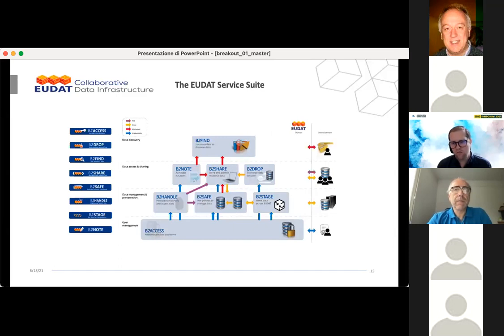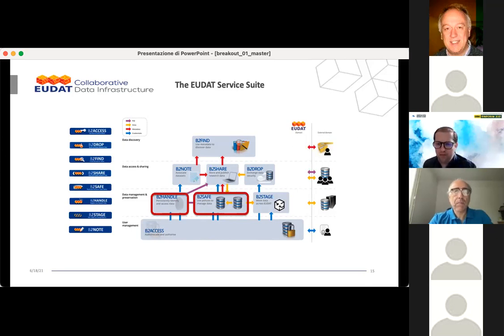In this slide, you have an overview of the EOSC service portfolio. I will not go into all details, but I will just highlight which services are being influenced by the EOSC PID policy. Next, please. The first one is our PID service, B2Handle. Next. Then we have B2Safe, which is a platform for implementing data management policies.